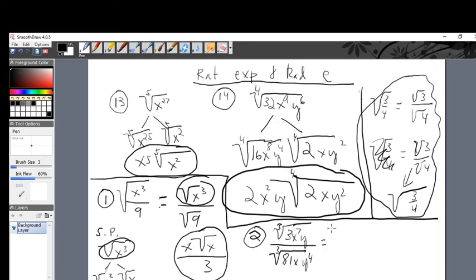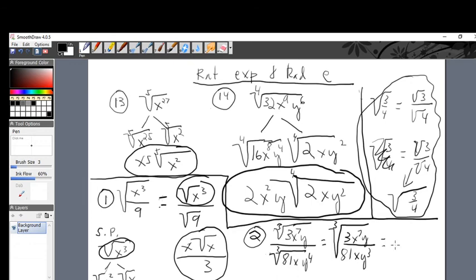Now watch this. If we put everything under one cube root, we'll have the cube root of 3x^7y over 81xy^4.